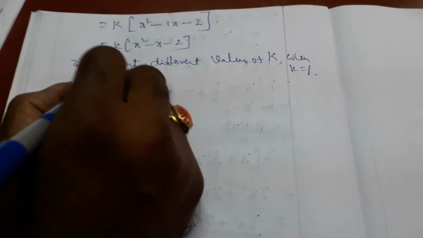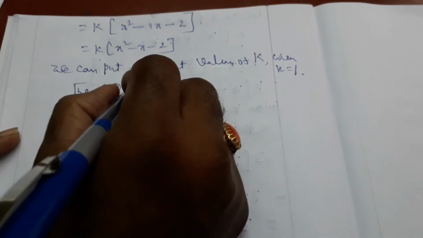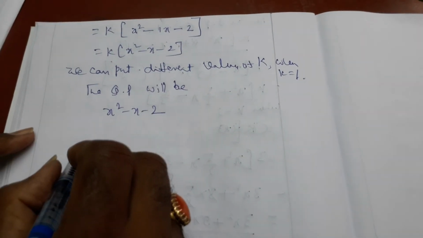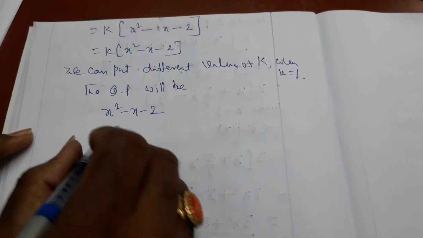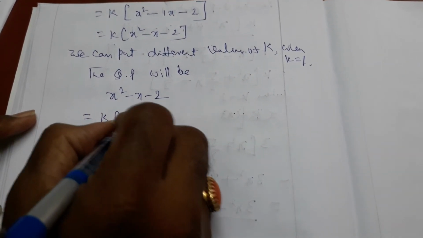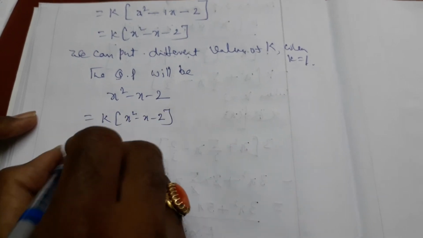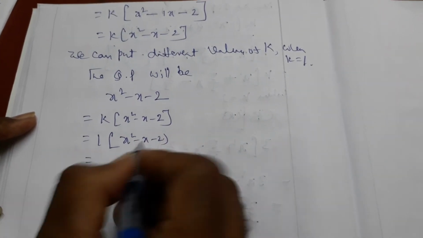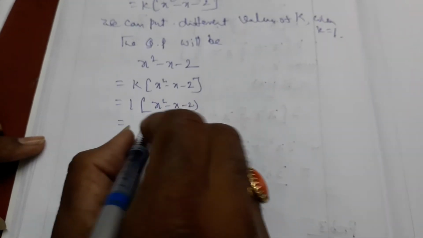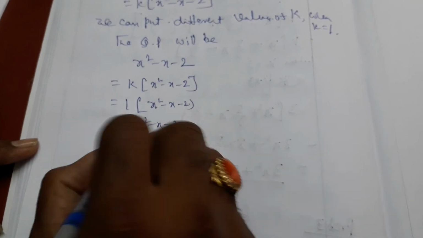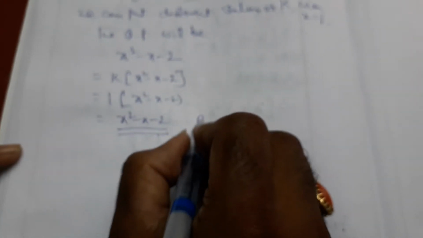Therefore, the quadratic polynomial will be x square minus x minus 2. By putting 1 in place of k, the polynomial is x square minus x minus 2. This is the required polynomial.